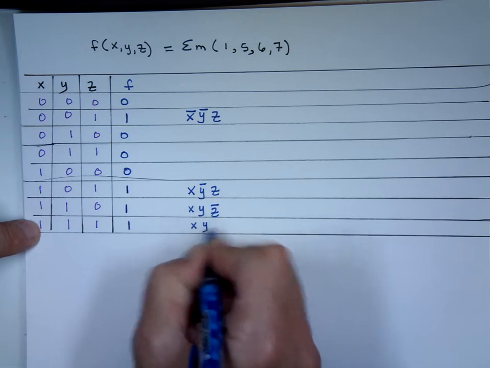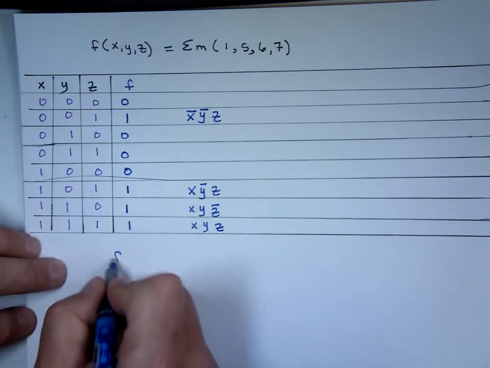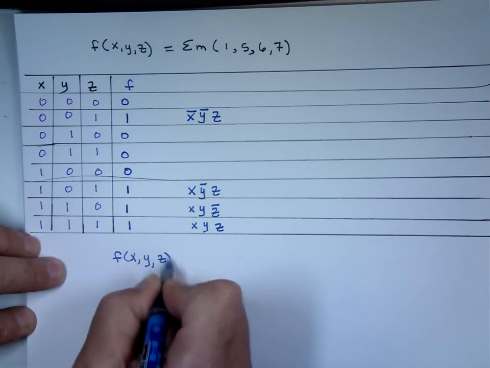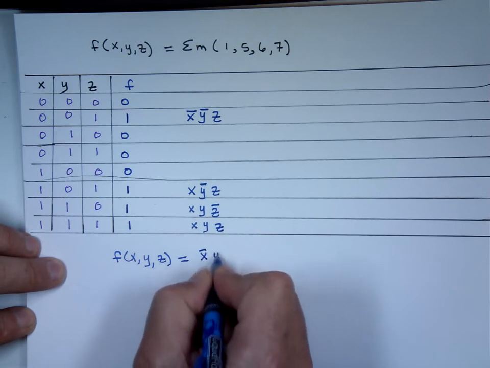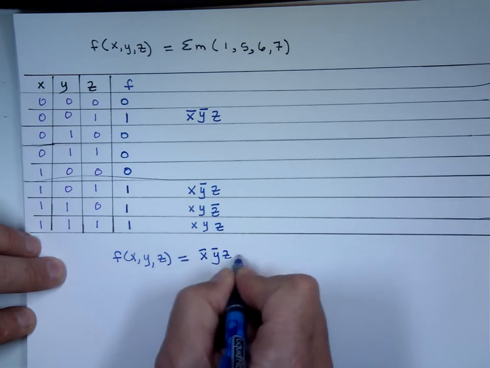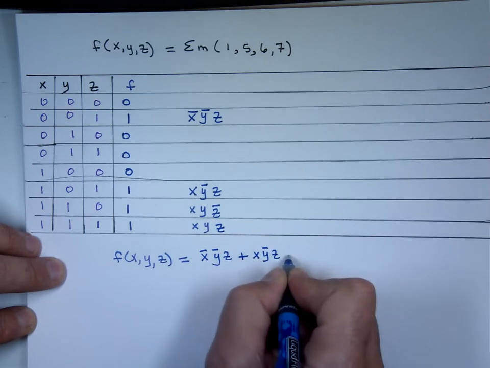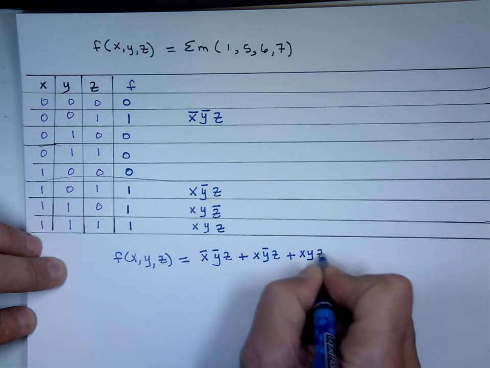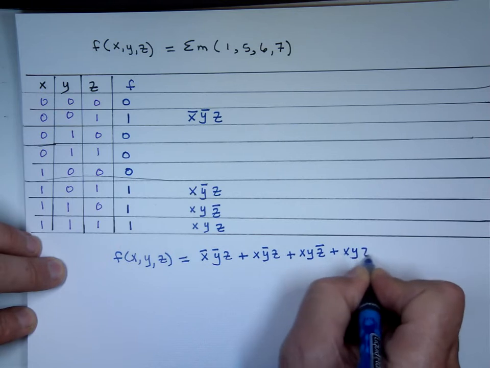X, y, and z. So you can write now f of x comma y comma z as the sum of product, which will be x bar, y bar z, plus x, y bar z, plus x, y, z bar plus x, y, z.